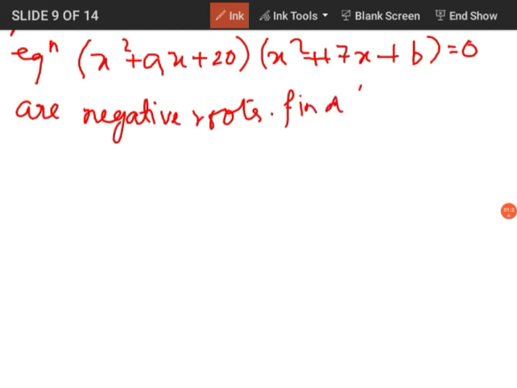Find a plus b minimum, like the minimum value of a plus b.